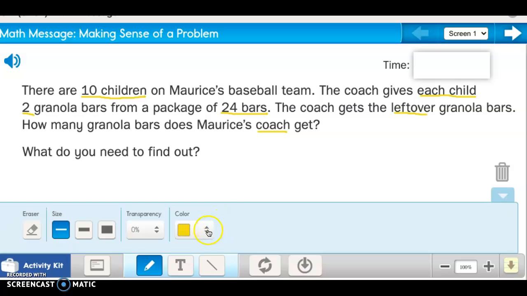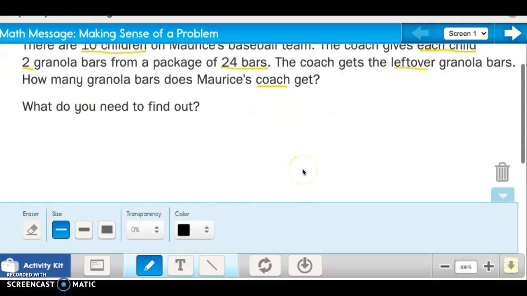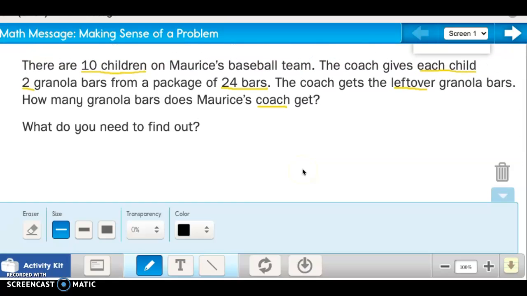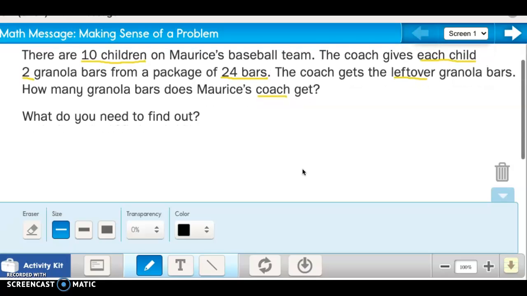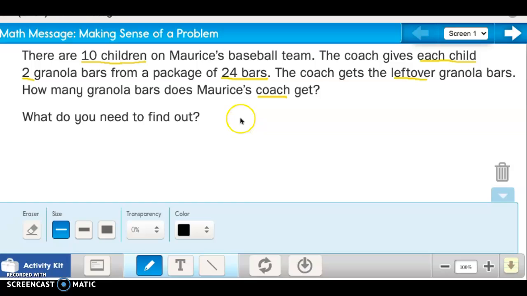So now we're going to try to think of how we're going to get this. One of the things you can do, now we're going to make a plan, or let's draw pictures. Pictures always seem to help when we are trying to figure out a problem. So I'm going to just make circles for the kids because I'm not a good drawer. So these are the children, and there are 10 children.